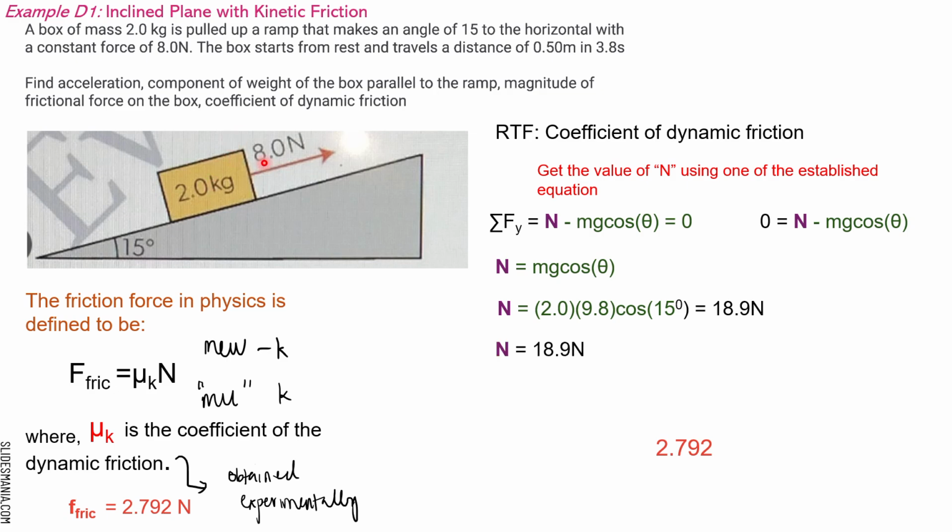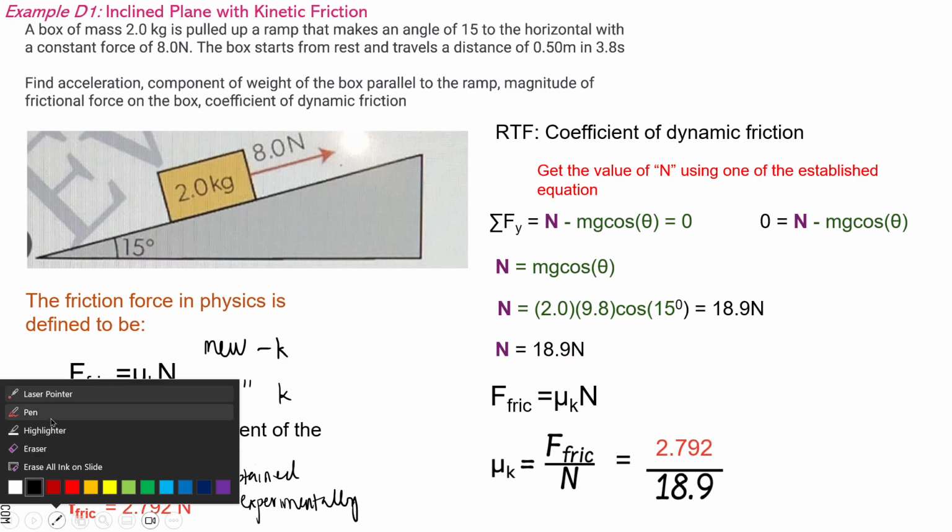Okay, so we have this. Given our equation that the frictional force is equal to the coefficient of dynamic friction of the ramp times the normal force that the ramp exerts on the object, we find that mu k is simply equal to the frictional force over the normal force. So we have 2.792, which is already given, and the normal force of 18.9 newtons.